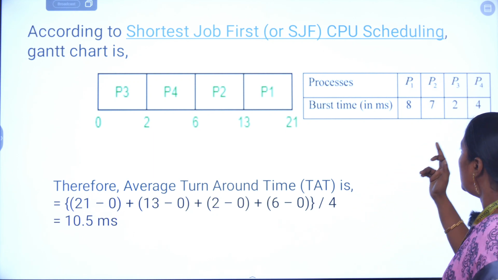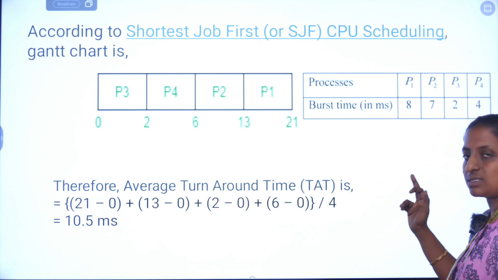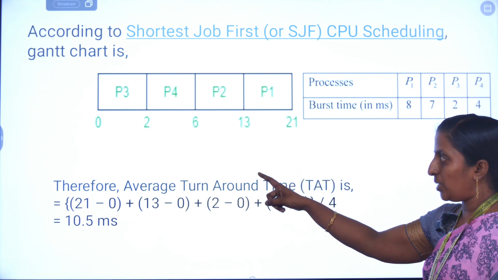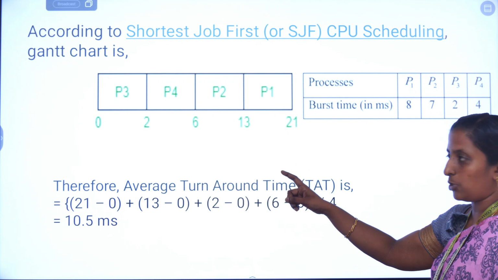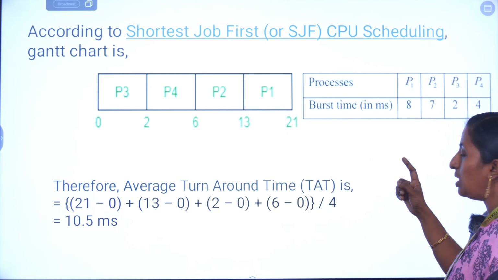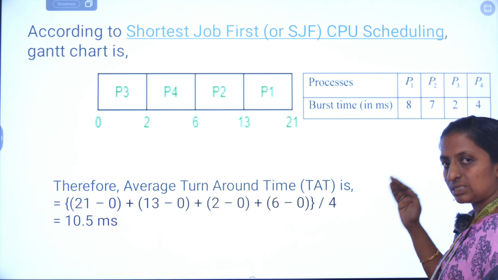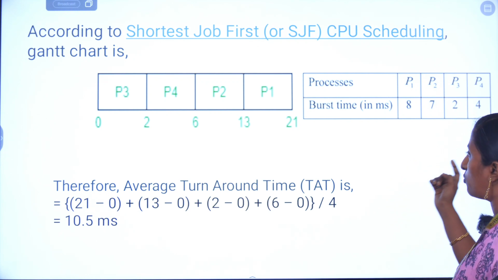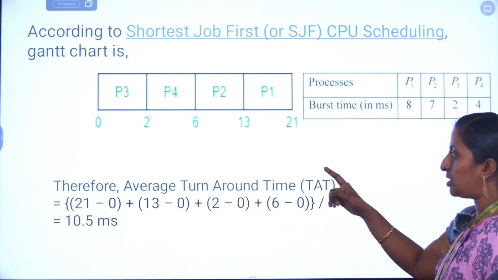Here, process P3 has the shortest execution time, so P3 is allotted the CPU. That will be your first process. Then you again look at the table: which one has the second shortest execution time? As you see, it is P4. So P4 is allotted the CPU.